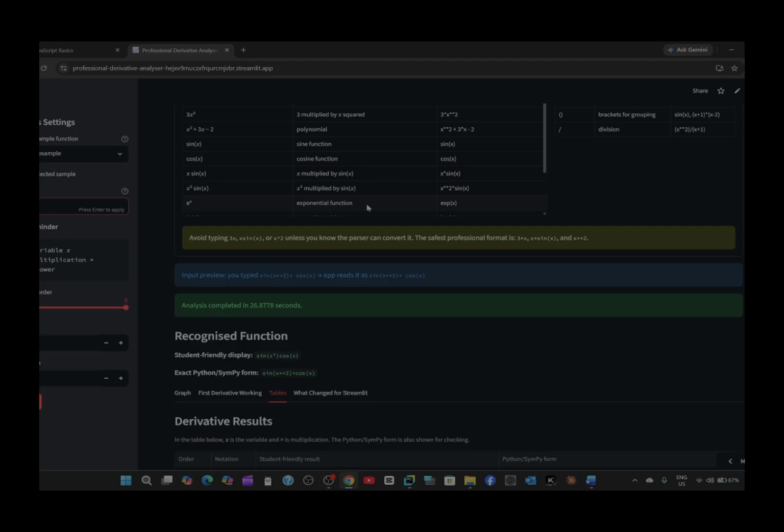And this one can be combined with another function, for example x squared. Let's see what it looks like, the exponential function. I found this on the web. Check it out. Enter.